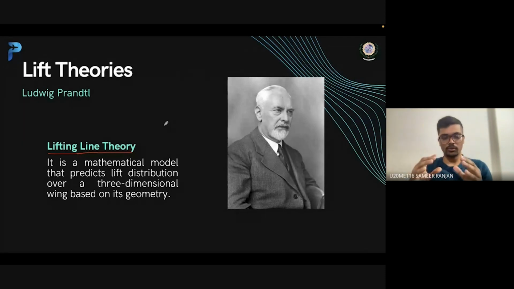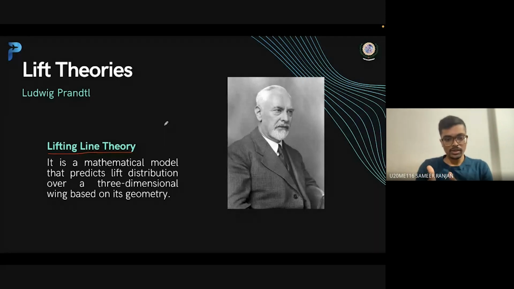What basically happened is that in all the previous theories, you have seen that they were calculating lift on a 2D section, but in this mathematical model, they calculated the lift on the whole wing. They considered that the lift depends not only on a particular 2D section, but also on the 2D sections adjacent to that particular section.